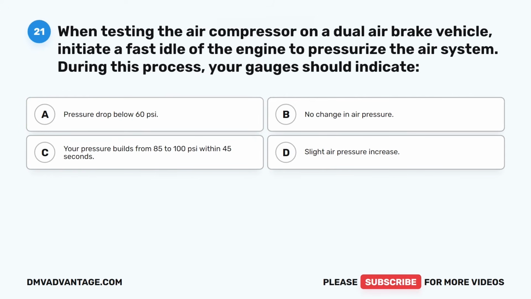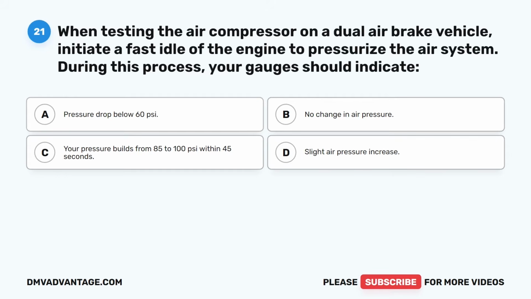Question 21. When testing the air compressor on a dual air brake vehicle, initiate a fast idle of the engine to pressurize the air system. During this process, your gauges should indicate A. Pressure drop below 60 psi. B. No change in air pressure. C. Your pressure builds from 85 to 100 psi within 45 seconds.